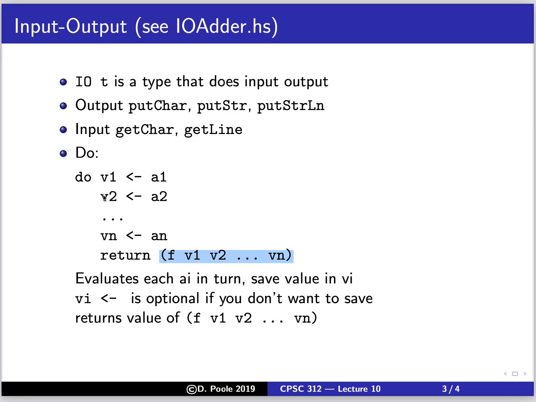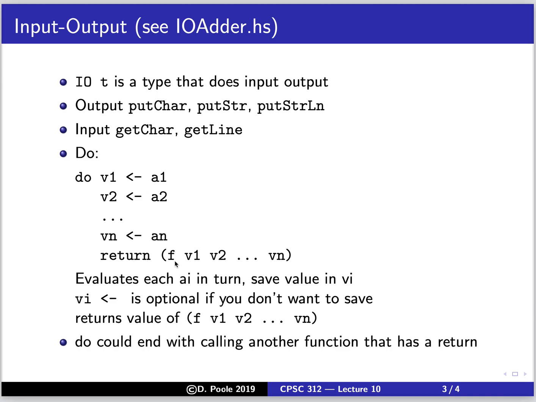And if we want to put a character, for example, you might not want to return anything, so this return might be optional. Eventually it returns the value of f of v1 to vn. So we can imagine this: read a few lines, do something with them, convert them into a number, add them, and so on. Instead, you could actually call another function that has a return here.